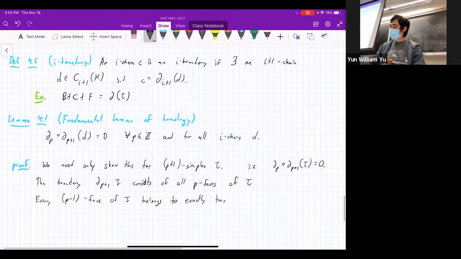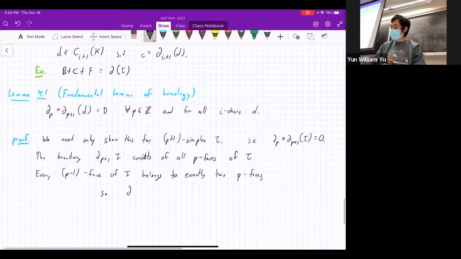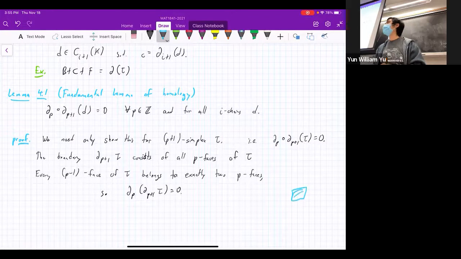So we know that dp plus 1 of tau is equal to 0. Okay, and there is some analog for this in other fields, but we're really not going to worry about any other fields in this class.